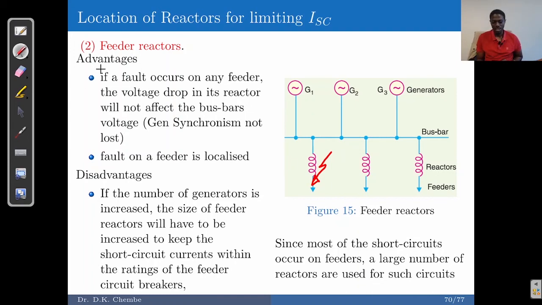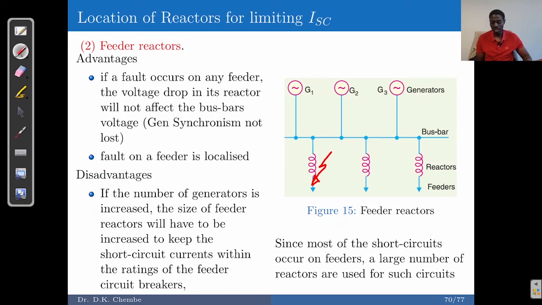This is the advantage of having the reactors in the feeders. The disadvantage is that you still experience the same disadvantage that you experienced in the first scenario, when you have the reactors in the generator.